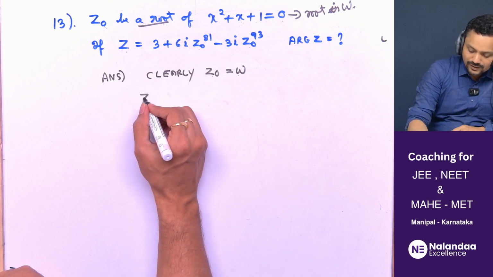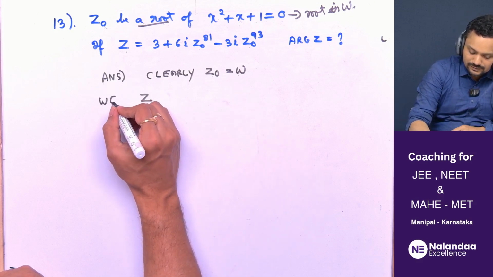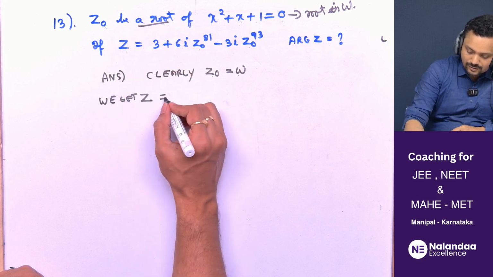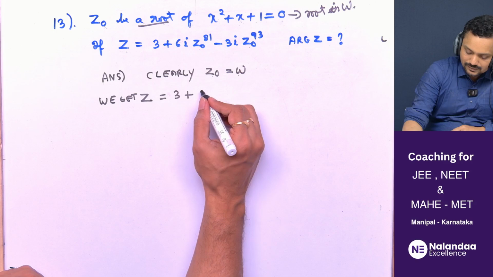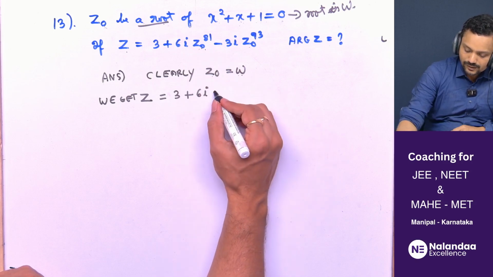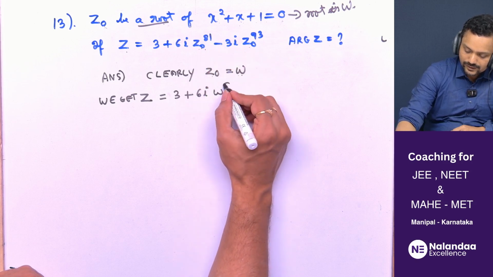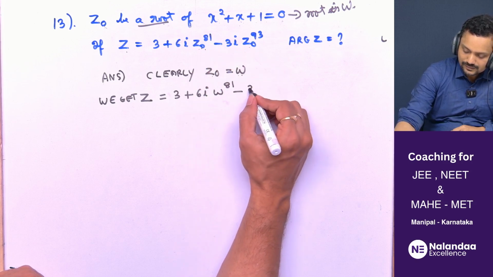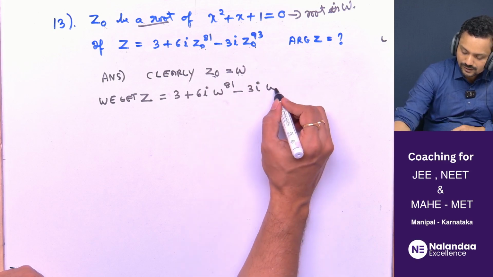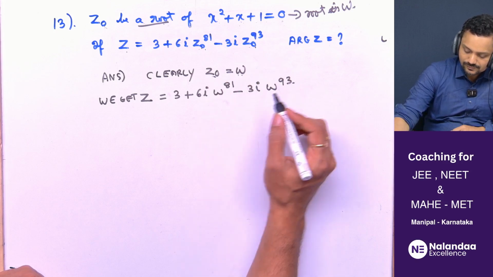Therefore we are going to get z is equal to 3 plus 6i into omega power 81 minus 3i, again z naught is omega power 93.